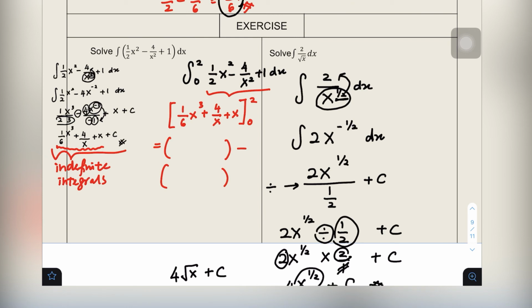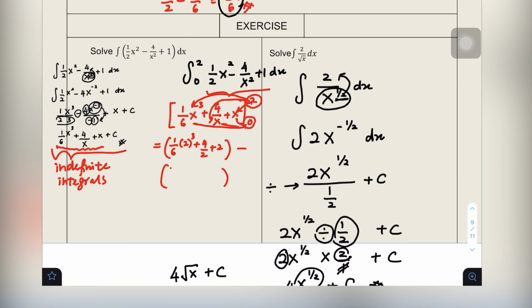For the first one, you need to substitute the value of 2 into whatever x that you have. So you will have 1 over 6, 2 to the power of 3, plus 4 over 2 plus 2. And for the second bracket, you substitute x with 0. Every x needs to be substituted by 0.